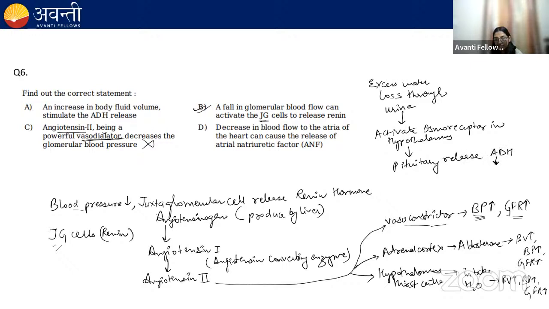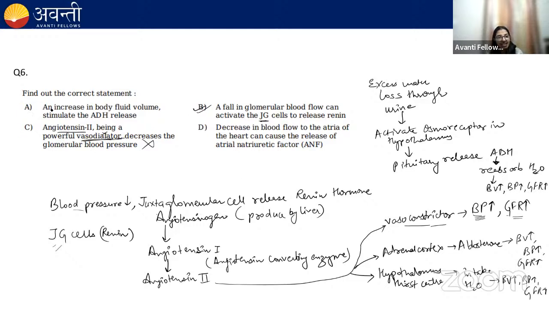This ADH is involved in the reabsorption of the water, or the conditional reabsorption of the water and electrolytes, to maintain the body fluid volume. When it reabsorbs the water, that means the blood volume will increase. Blood volume will increase, blood pressure will increase, the glomerular filtration rate also increases.